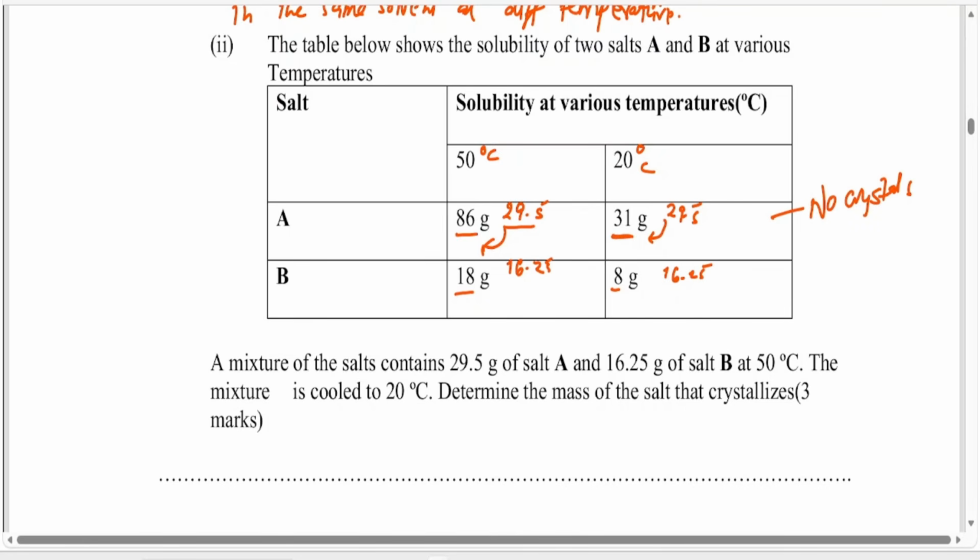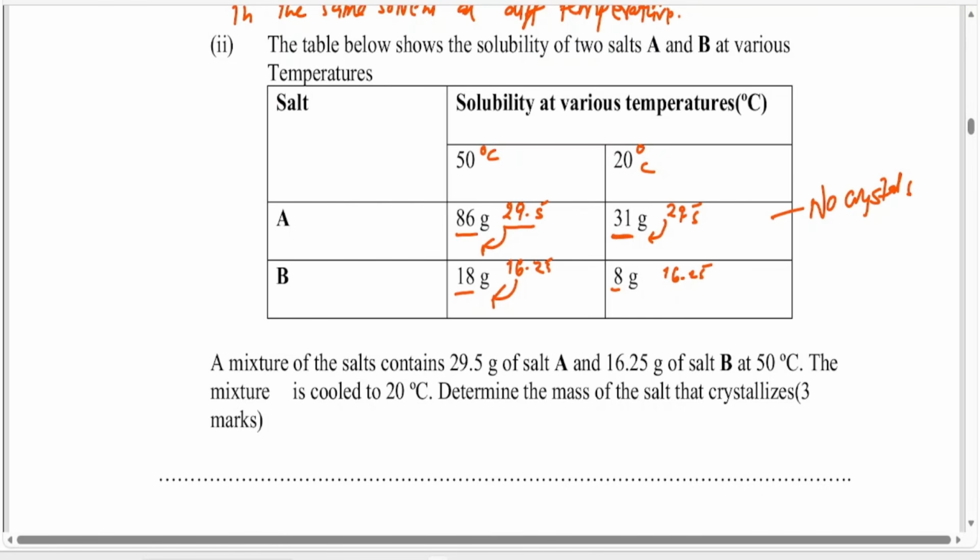Then I move to B. Solubility is 18 grams, and I'm given 16.25. So all of it is already dissolved, and the solution can even accommodate 1 point something more, because I'm having 16.25 and it can accommodate 18 grams.